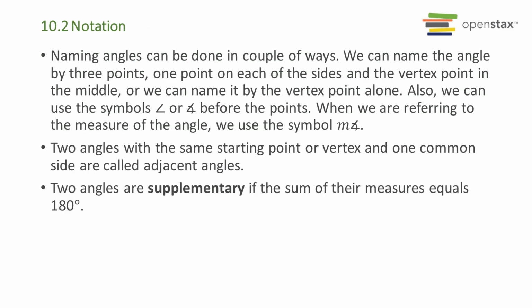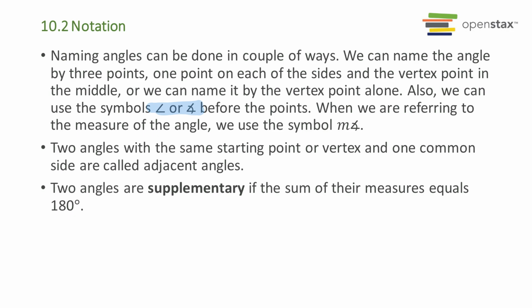All right, so naming angles can be done in several ways. The way we name angles typically is by three points, with the middle letter being the vertex. We can also use these little angle symbols.